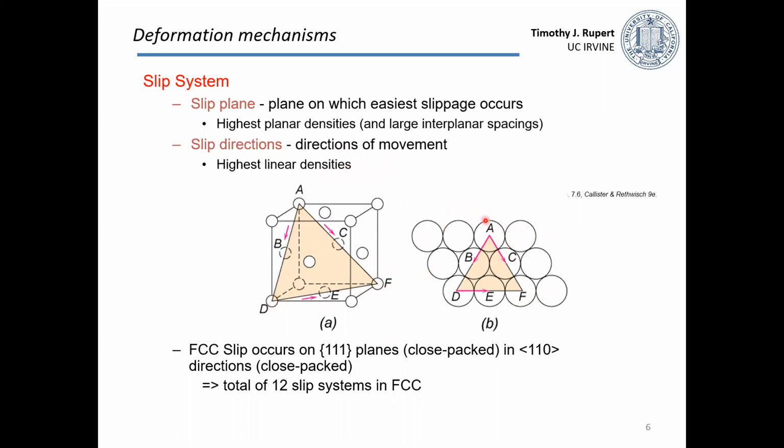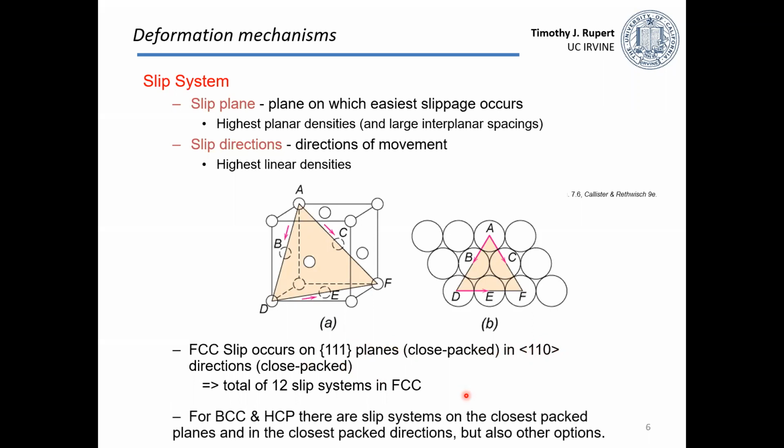And then that plane that we're seeing here, that 111 plane, is going to be our slip plane. So for this example of face-centered cubic, our slip plane is the 111 type plane, and our slip directions are the 110 type directions. And if we think about all the options, we would have 12 independent slip systems in face-centered cubic.